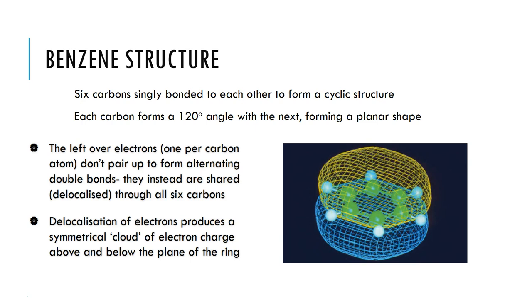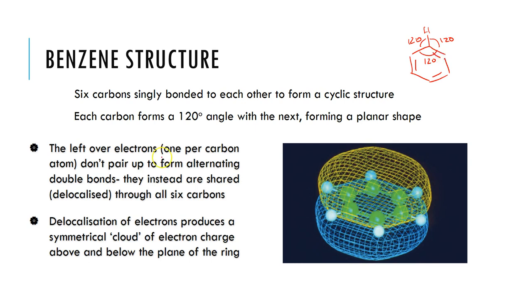Okay, so the interesting thing about benzene is all the carbons are bonded in exactly the same way. So they're all bonded to form a cyclic structure with an angle of 120 degrees. So when we look at it, this angle here and here, this is 120, so we've got that trigonal planar kind of arrangement around the carbons.